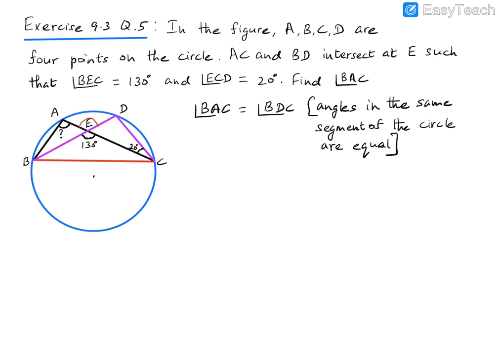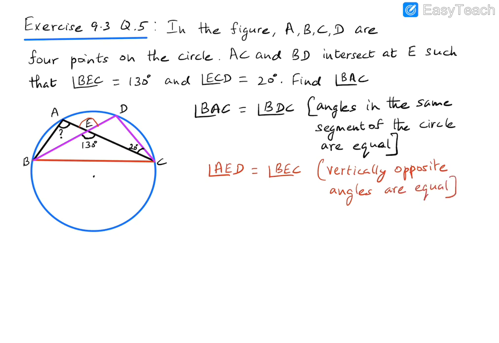So angle AED is equal to angle BEC, because they are vertically opposite angles. And vertically opposite angles are equal, which is what we have learned from our chapter on lines and angles.